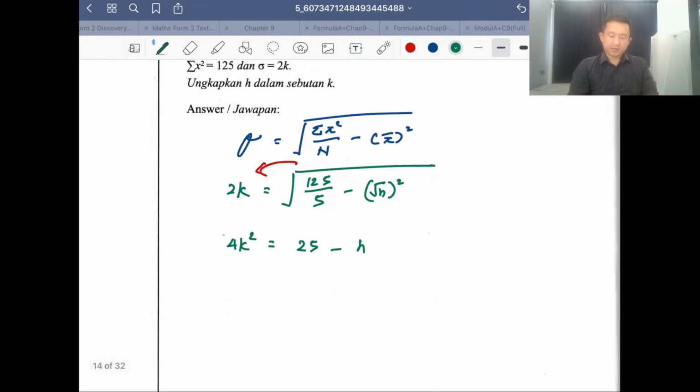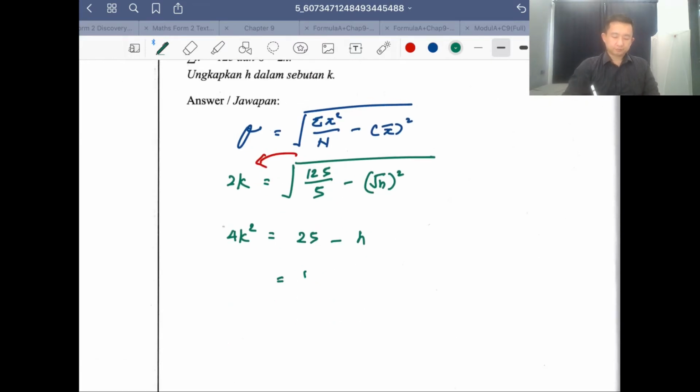H in terms of k, okay. H equals 25 minus 4k squared. Done?